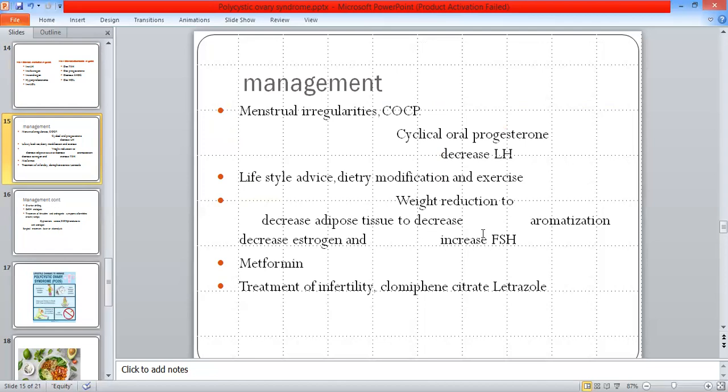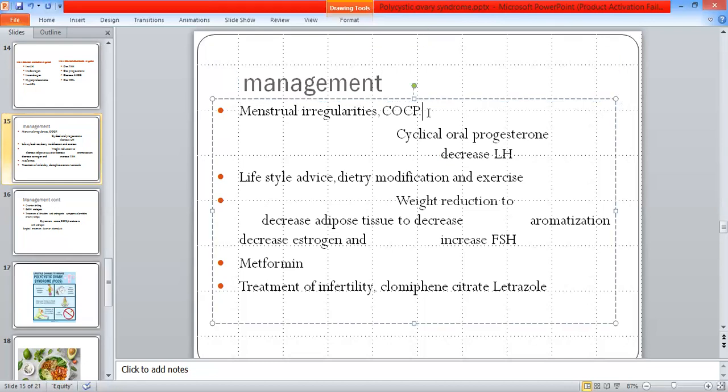One thing is menstrual irregularity; the patient mostly presents, as I already told you, with either oligomenorrhea or amenorrhea. So, for cycle regularity, so that the patient's menstrual cycle becomes regular, we prescribe the combined oral contraceptive pill.